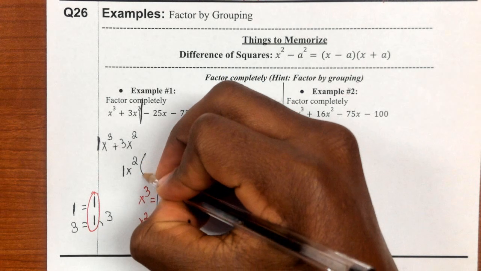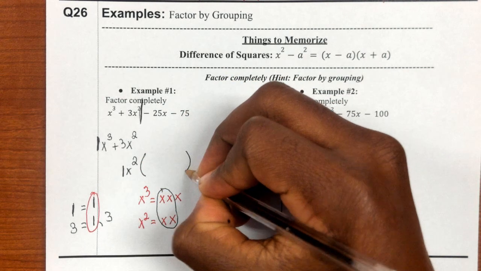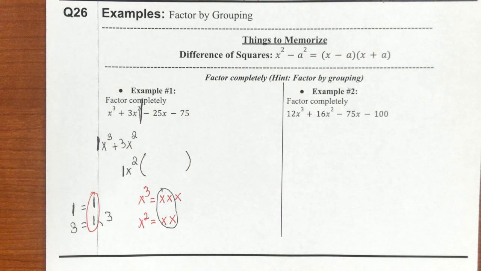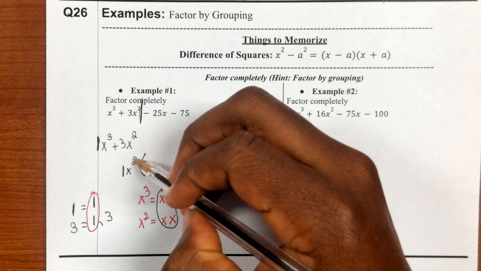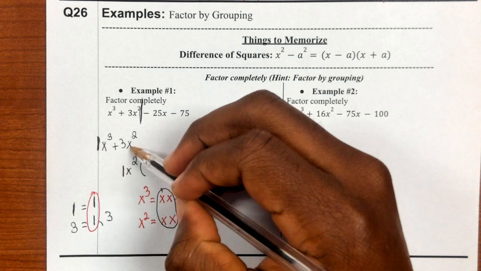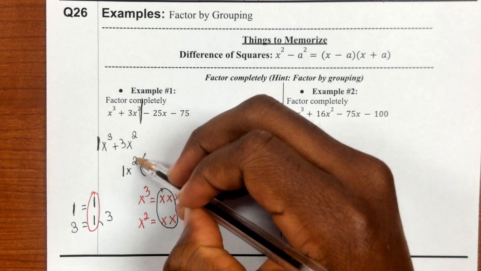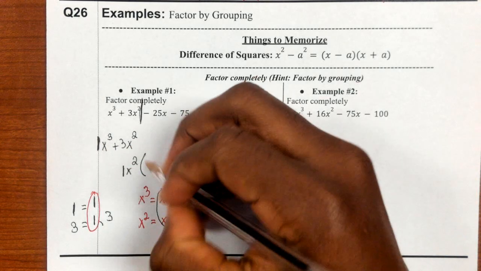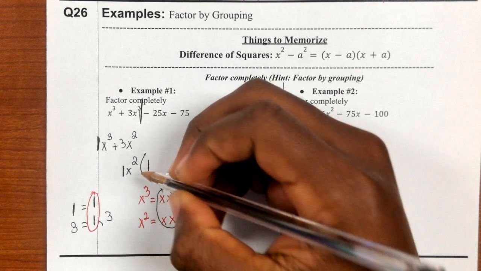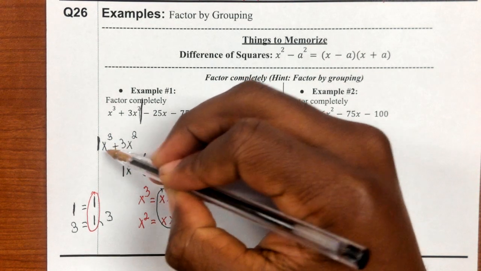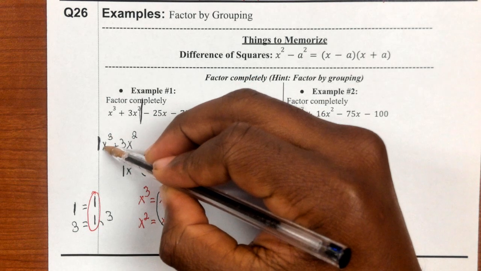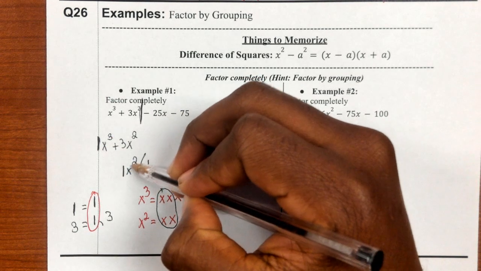Now we're going to write what's remaining inside of a parentheses. Whenever we're factoring out something, it's like you're dividing each of these terms by what you're factoring out. So if I divide 1 by 1, I still get 1. If I divide x to the third power by x squared, here I have 3 x's being multiplied by each other, and here I have 2 x's.